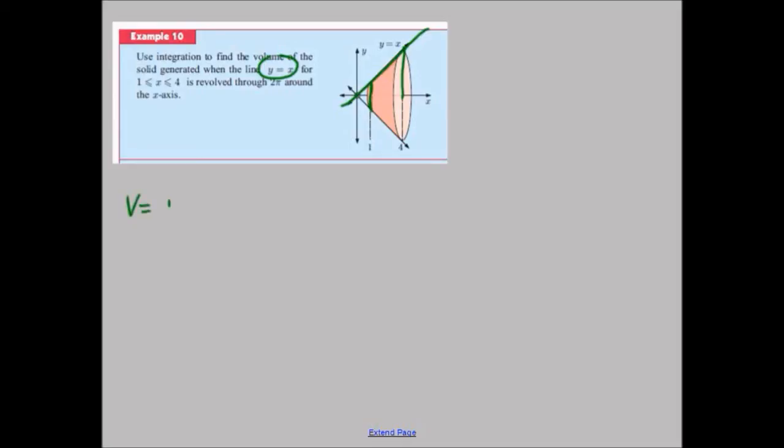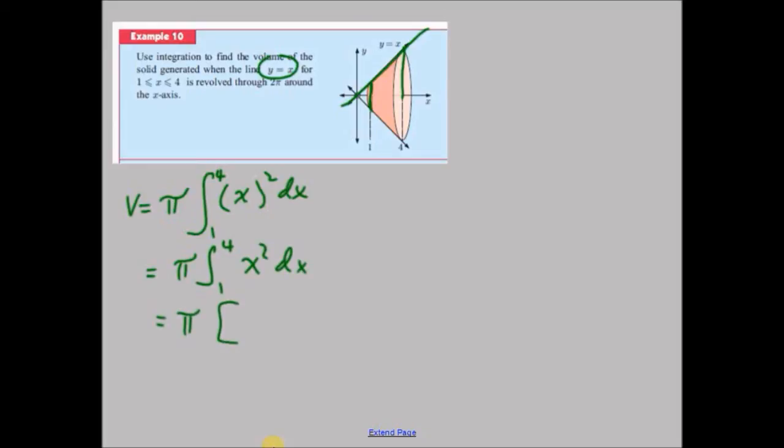So the volume equals pi times the integral from a to b, so that's 1 to 4, of that function squared dx. Simplify this, it's x squared dx. Pi, take the integral, so x cubed over 3 from 1 to 4. Pi, 4 cubed over 3, subtract 1 cubed over 3.